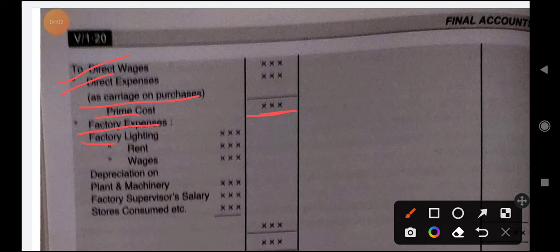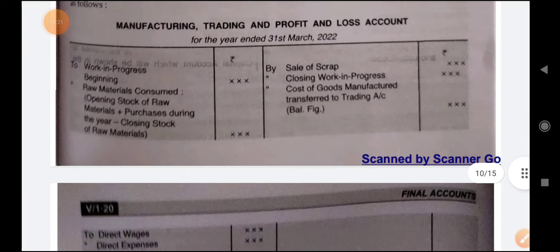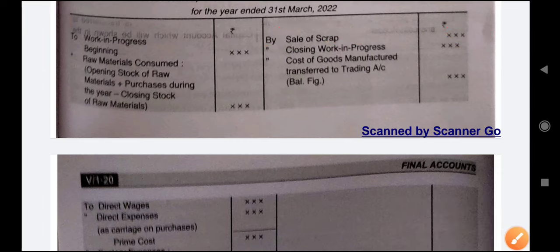Factory expenses: factory lighting, factory rent, wages, depreciation on plant and machinery, factory supervisor salary, stores consumed, etc. All these are factory expenses. These will be added on the debit side. Sale of scrap or byproduct will be deducted, that scrap value.